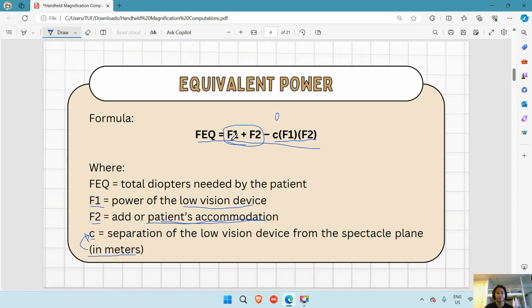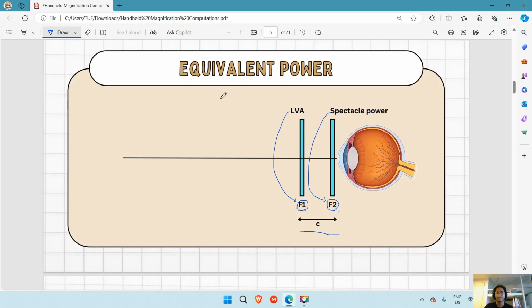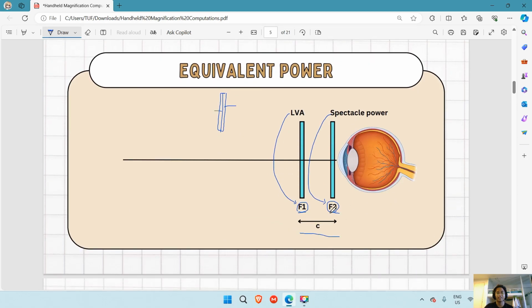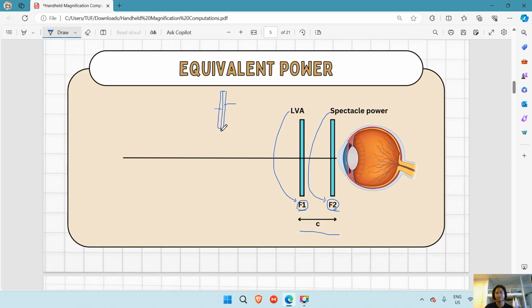That means you will only have to add F1 and F2. So the appearance is F1 first, then F2. So you don't need to have any deductions because there is no separation between F1 and F2.